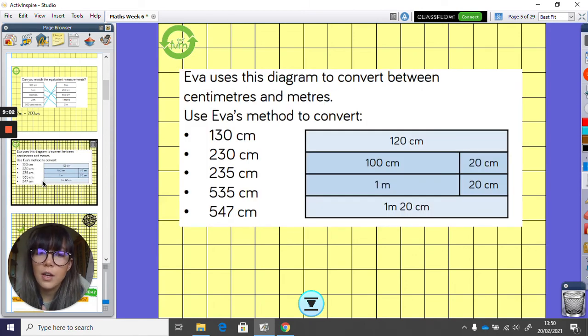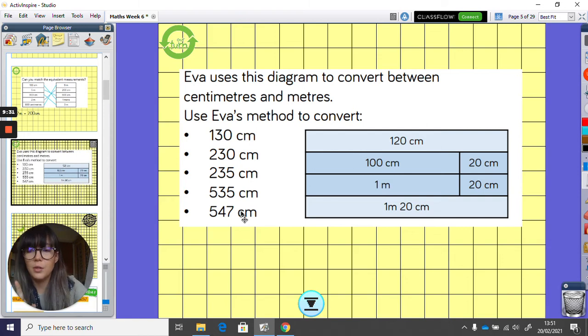So, Eva uses this diagram to convert, so change, between centimetres and metres. Use Eva's method to convert the following centimetres into metres, okay? So she's got 130 centimetres, 230 centimetres, 235, 535 or 547, all in centimetres. And we want to work out what they are in metres and centimetres, okay?